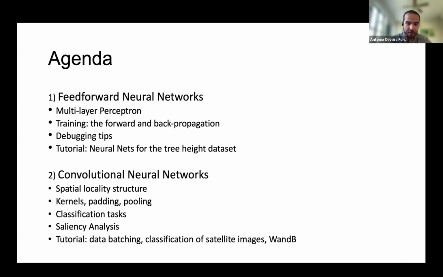So the plan for today, all right, is to cover feed-forward neural networks. We already started talking about multi-layer perceptrons in the previous lecture, although we didn't have time to actually name things, right? We stopped at just the idea of concatenating perceptrons. We finally are going to see how we can train these models, right?